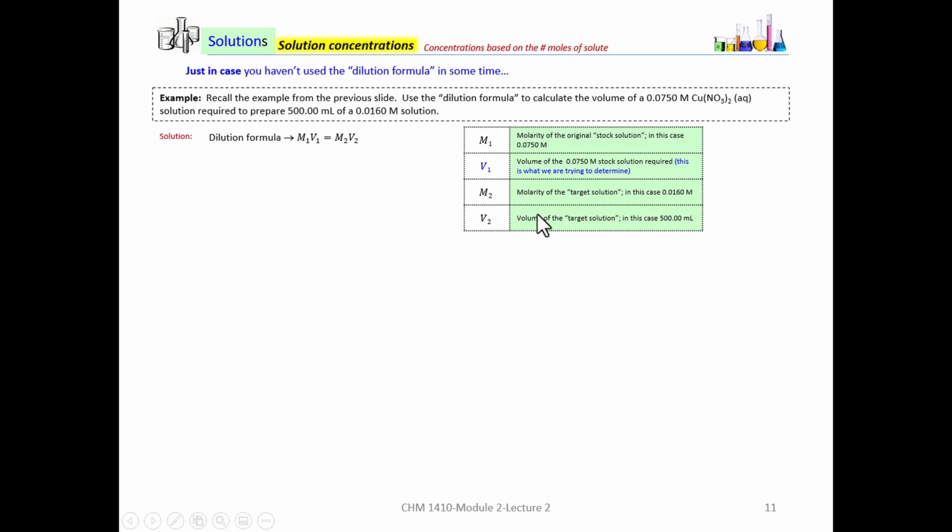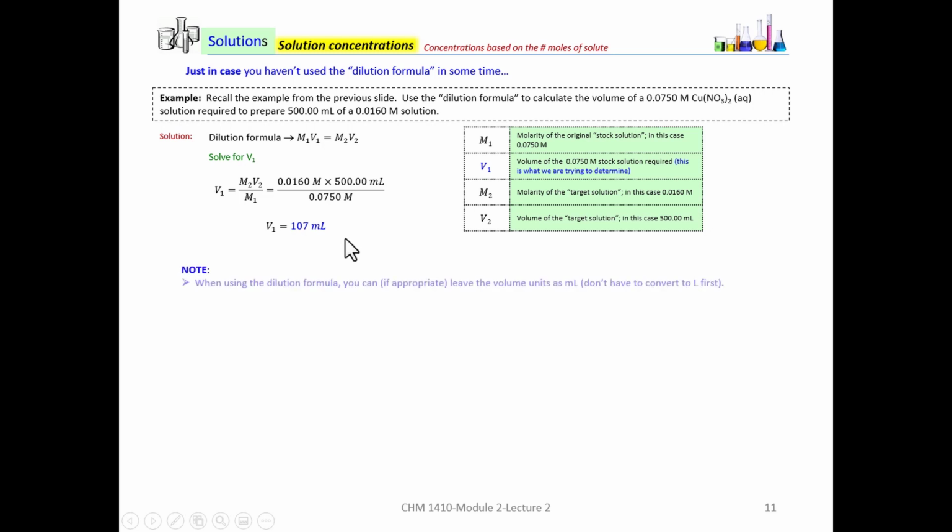M2 would be the molarity of the target solution, which they gave you as 0.0160 molar. And V2 would be the volume of the target solution, in this case 500 milliliters. So you simply solve for V1, put in M2, V2, and M1, and out pops 107 milliliters.